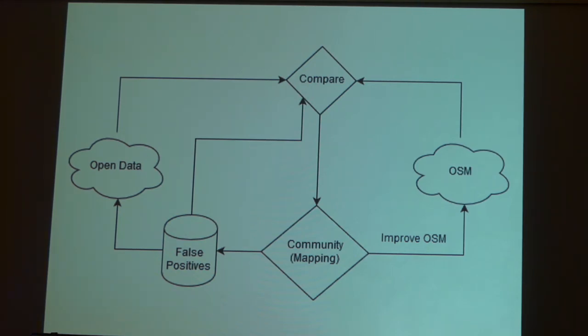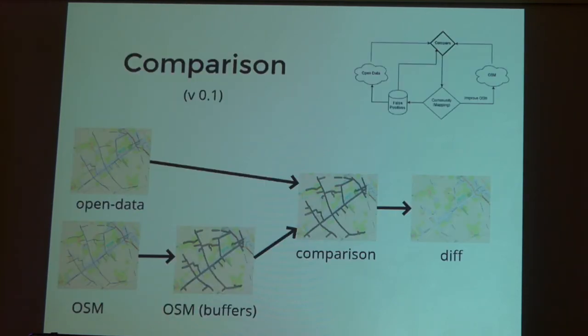We're still hoping that will happen one day. And there are these false positives where we say, there is something wrong here, we have to go check it out in the field, or we think probably the government data is wrong. We feed that back to the comparison algorithm so that the next mapper would not be tempted to just copy it from the source, which actually might happen.